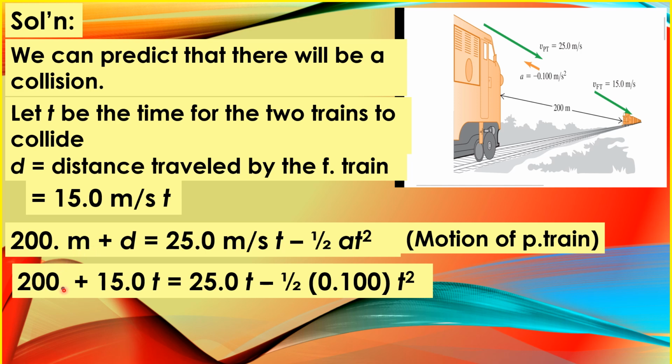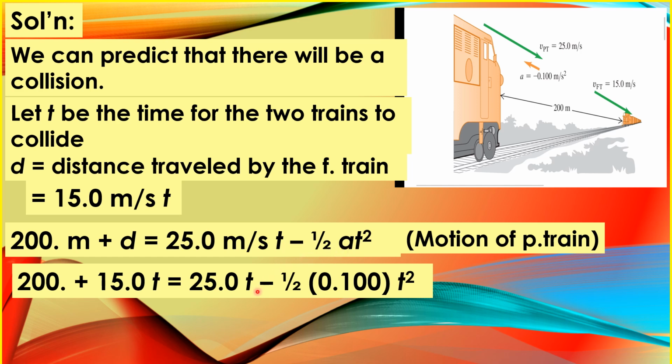Notice that I put here a decimal point to emphasize that 200 here has three significant digits, plus the value for d, which is already expressed as 15.0 multiplied by t, and then equal to 25.0 times t minus, the reason why it is minus is that the passenger train has a negative acceleration.